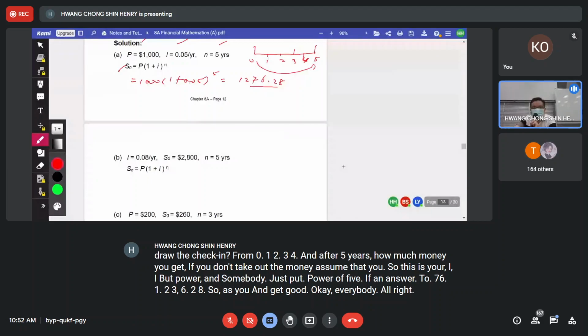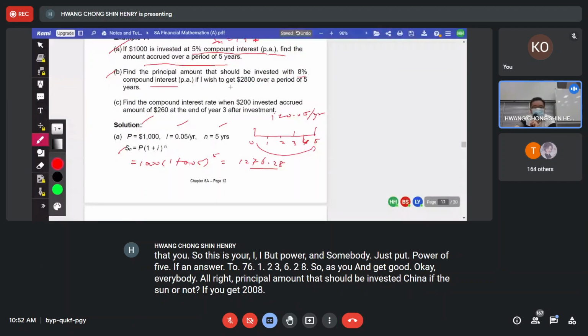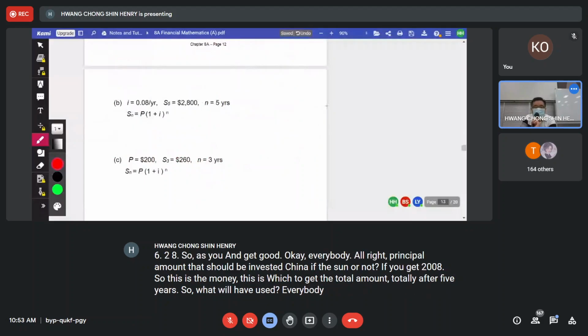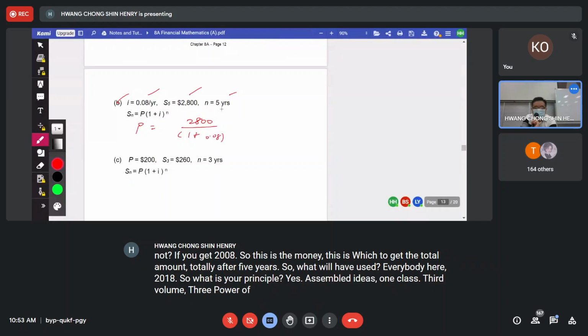Alright, find the principal amount that should be invested if it is 8% per annum compound and you wish to get 2,008. This is the money you get, the Sn. Wish to get means the total amount, 2,008 after 5 years. So what formula do we use? The same one. 8% per year, 2,008 is your S5, for 5 years. So what is your principal? Sn divided by (1 plus 0.08) to the power of n.